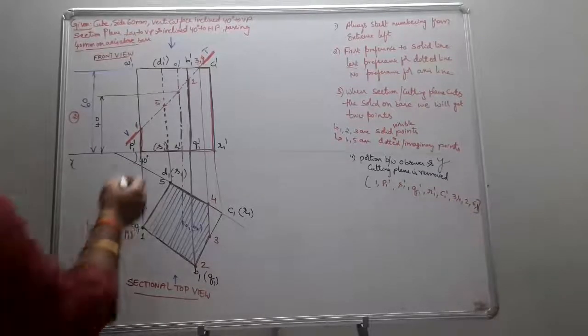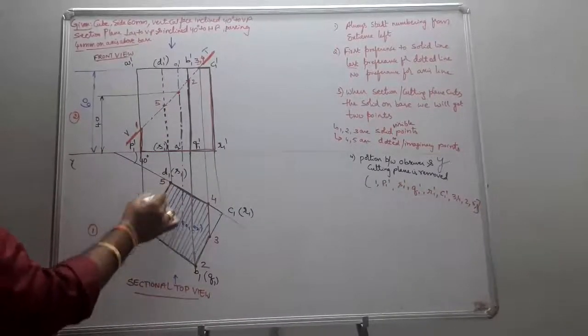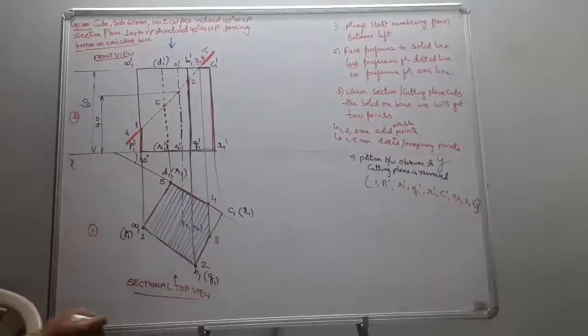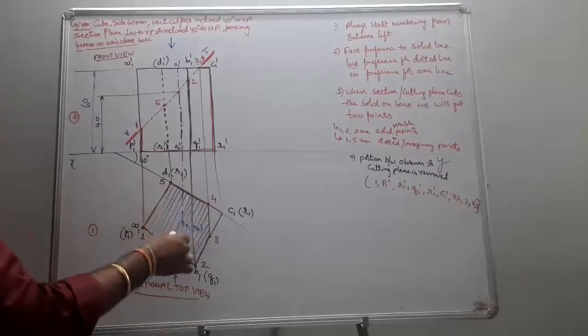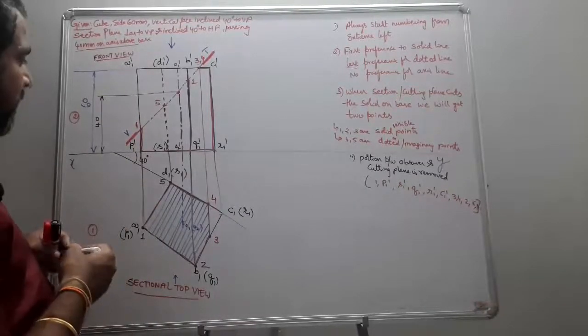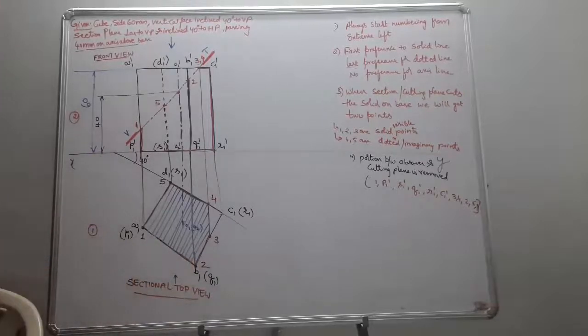Whatever points are obtained, I projected to the original positions, joined all the points, and this space is represented by the hatching. That gives your sectional top view. This is just the front view. Now my requirement is to obtain the true shape of the section.